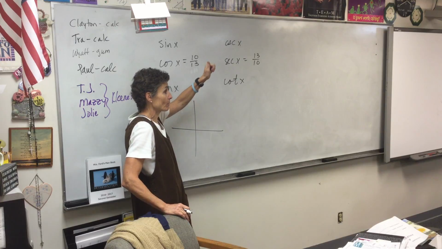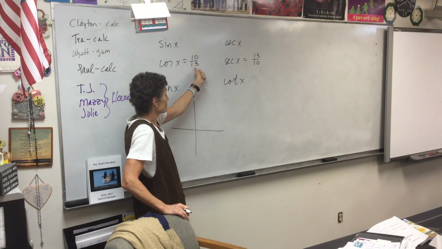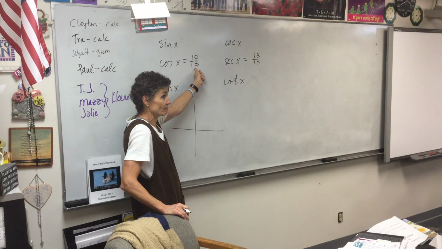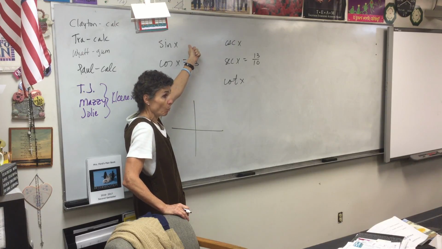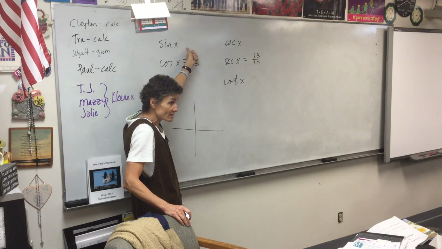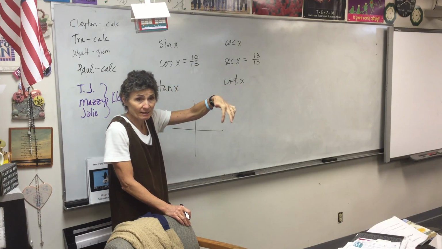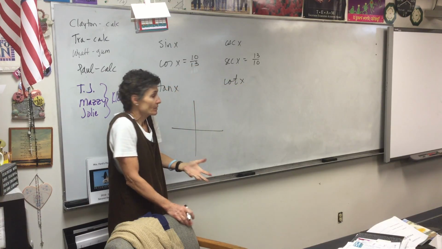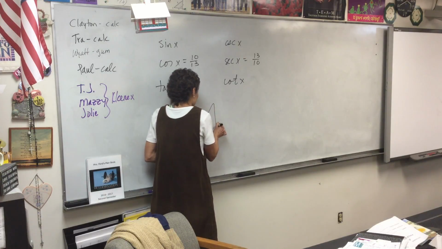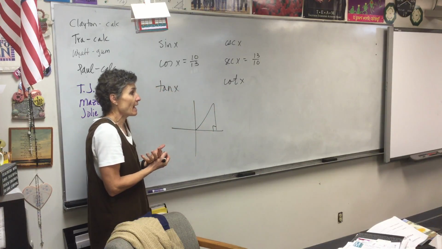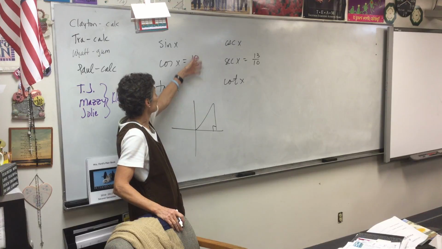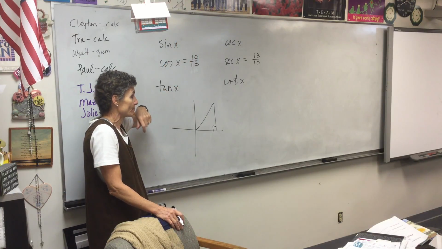Now remember, cosine is x, so this is telling me x is positive. Sine is y, and they're telling me y is positive. Well, if x and y are both positive, where will I be? The first. I'm in quadrant 1.